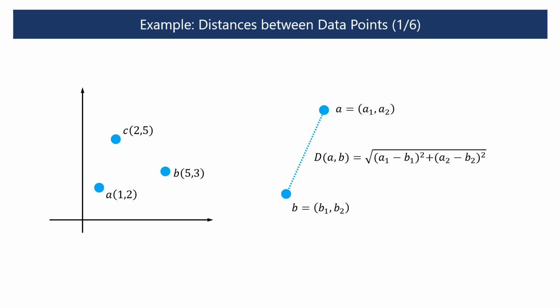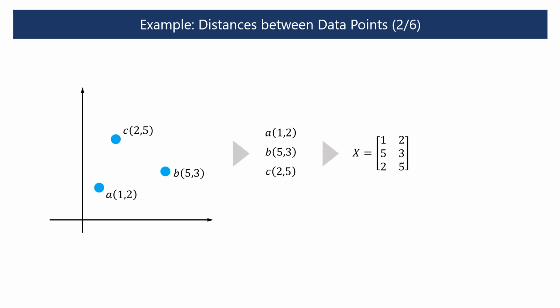So, if we calculate distances for all pairs of data points, we need to repeat the same calculations 3 times. If we have more data points, the number of repetitions will increase exponentially. It is inefficient, isn't it? Using matrix operations, we can calculate all the distances at once.